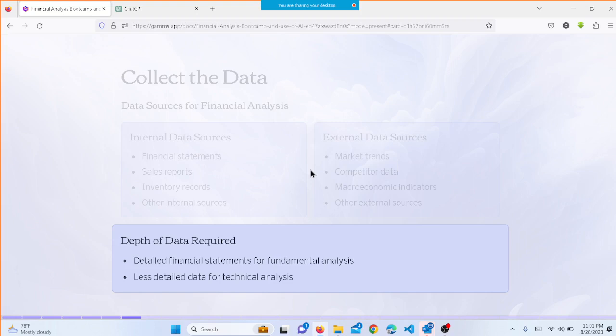For a management expert, a detailed financial statement is needed, but less detailed or condensed data is enough for shareholders to do a technical analysis. So it depends on how deep you would like the data to be. The data can be acquired in different depths.